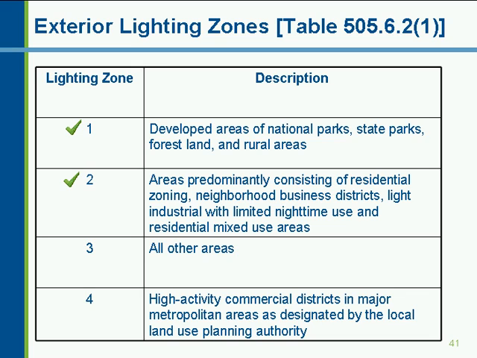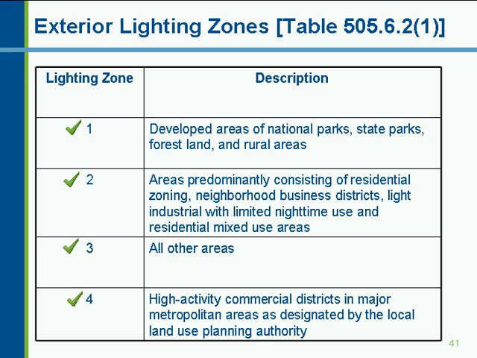Zone 2 is going to be a very common application for a lot of buildings, and these are basically residential zoned or neighborhood business district zones. Light industrial might be included in there as long as it has limited nighttime use. Mostly a lot of residential and neighborhood business areas. Skipping over number 3, going to number 4, this is going to be the high end of the scale, very high activity commercial districts.